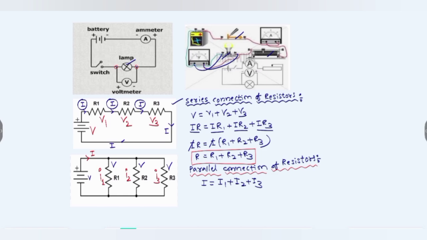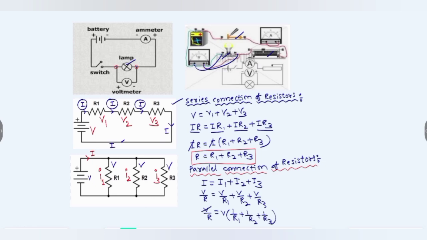Now we know how we wrote V is equal to IR; from the same formula, now we have to write I is equal to V by R. This is V by R1 plus V by R2 plus V by R3. Now if you take V common here, it will be 1 by R1 plus 1 by R2 plus 1 by R3.